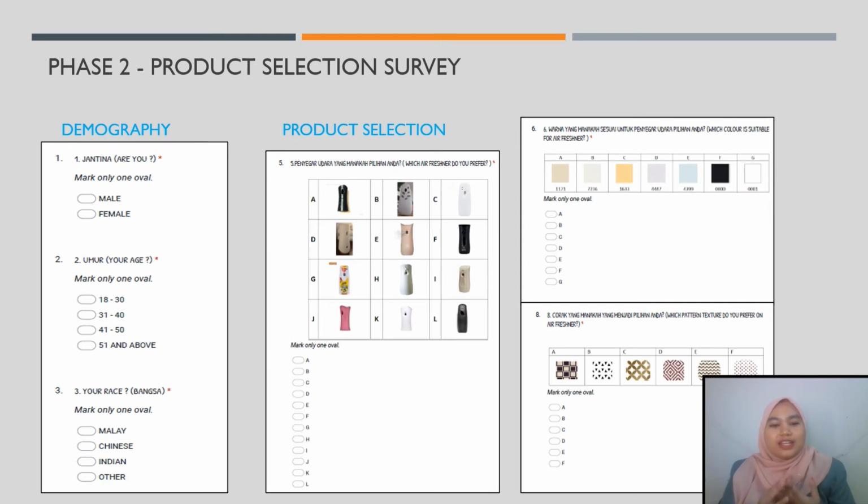The first one I ask the respondent about the air freshener that they prefer, the color that they prefer, and lastly the pattern that is suitable for the air freshener. The purpose of the survey is to narrow the scope to make it easier to do studies about Kansei Engineering.